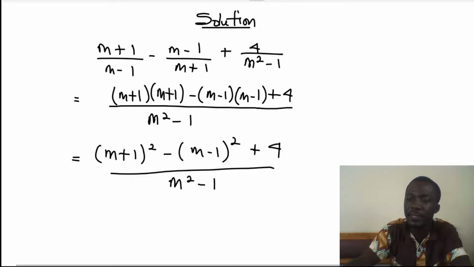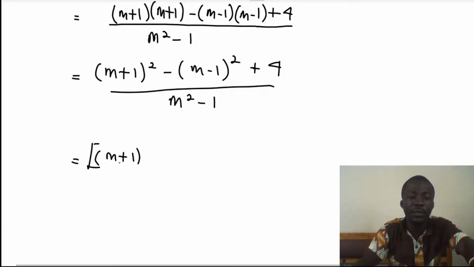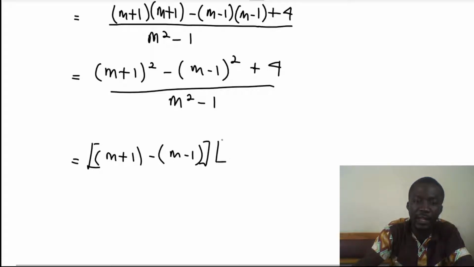We can see that what we have at the numerator side here is difference of two squares. So we can factor that one as m plus 1 minus m minus 1, multiplying m plus 1 plus m minus 1.